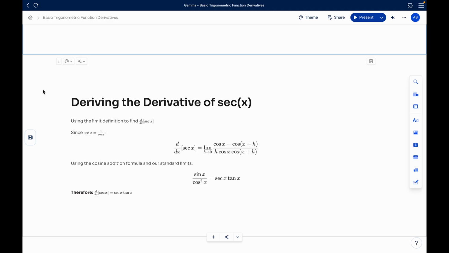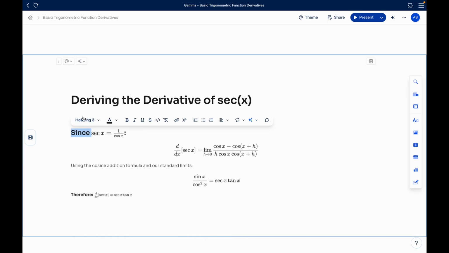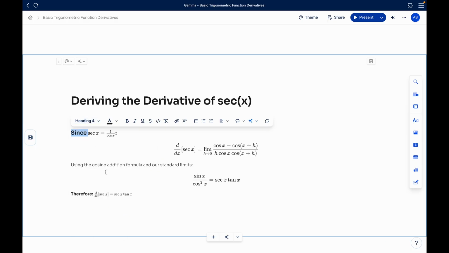Now, deriving the derivative of secant of x is quite similar to what we were doing earlier, except now I decided to show you after we substituted secant of x is equal to 1 divided by cosine of x. Cotangent and cosine are two different functions, but since I'm doing that, I already decided to show some of the simplification, removing the need for complexity.